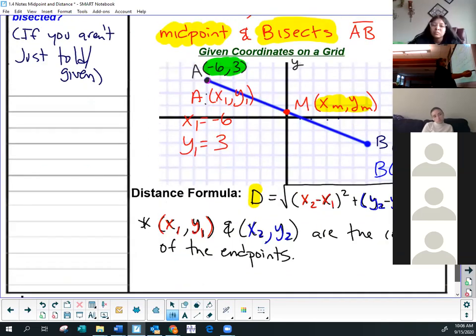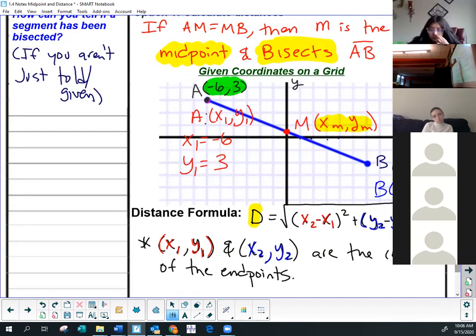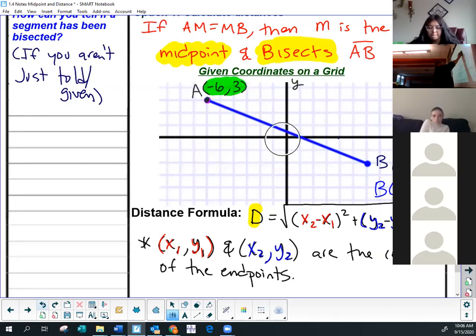You could find the distance between point A and point B and then split that in half. Yeah, I like that idea, but here's a problem though. If I knew the entire distance being split in half, I still wouldn't know how far to go. I can't count diagonally.